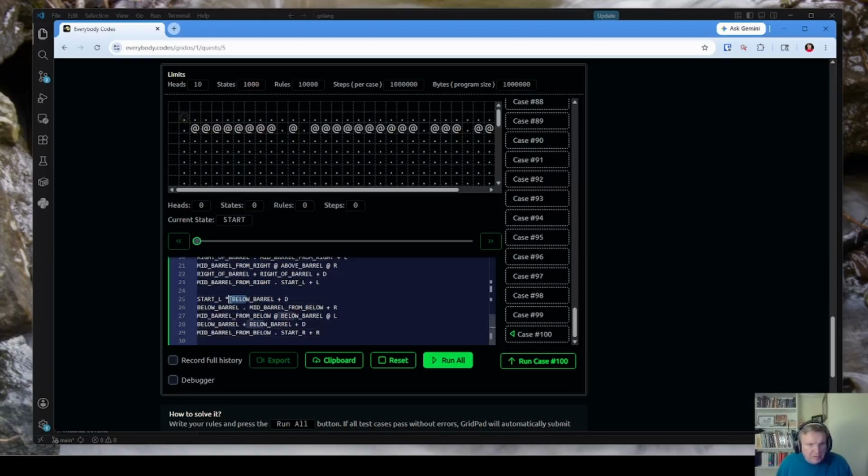Not below barrel. This is left barrel. B mid barrel from left.